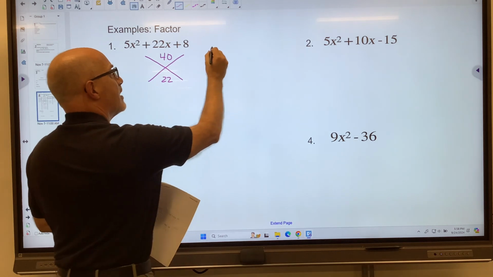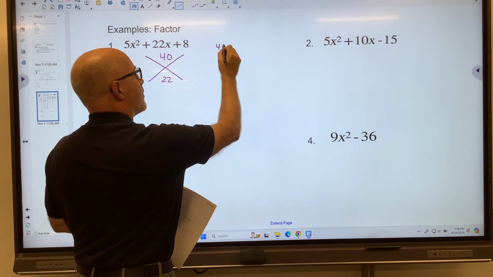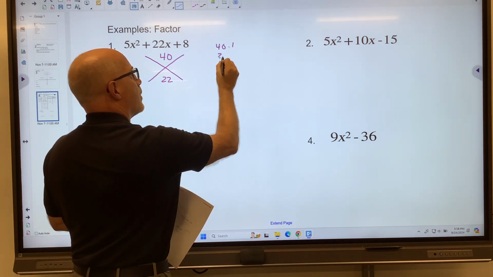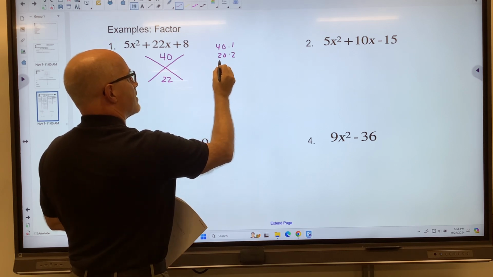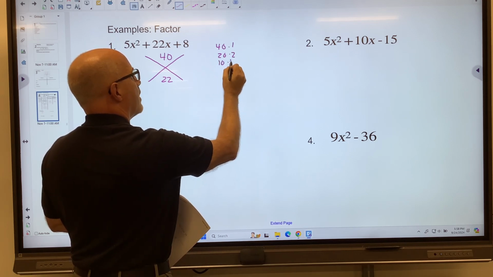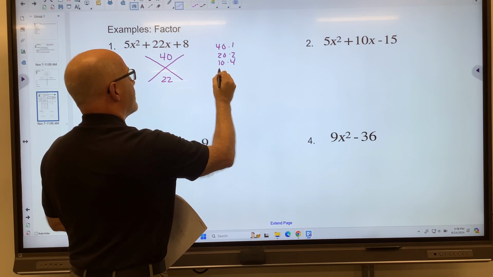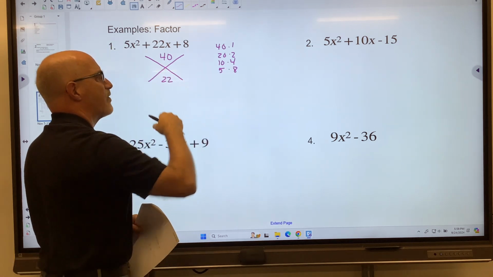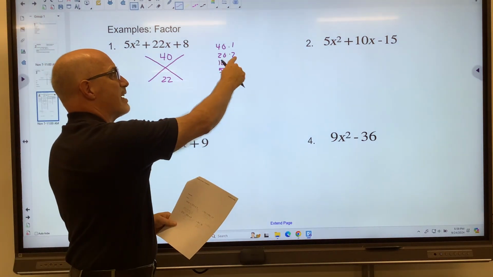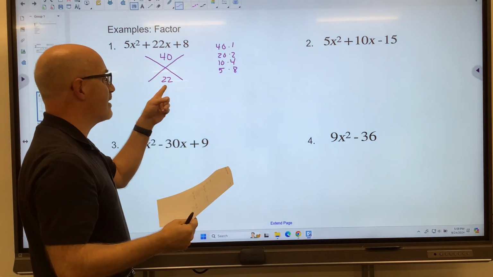Now this one's not so hard. If you think about it, factors of 40 would be 40 times 1, 20 times 2. We could also have, for instance, 10 times 4. We could also have 5 times 8. So those are all possibilities for factors of 40. Well, notice that 20 times 2 gives me that 22.